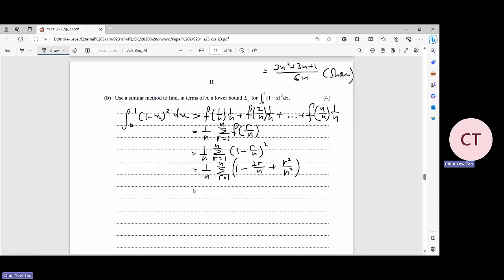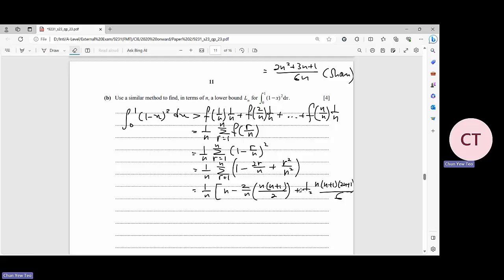Okay. So here, this is the n minus the 2 over n. I straight away apply the result. N plus 1 over n over 2. N plus the 1 over n square. So it's n plus 1, 2n plus 1 over 6.